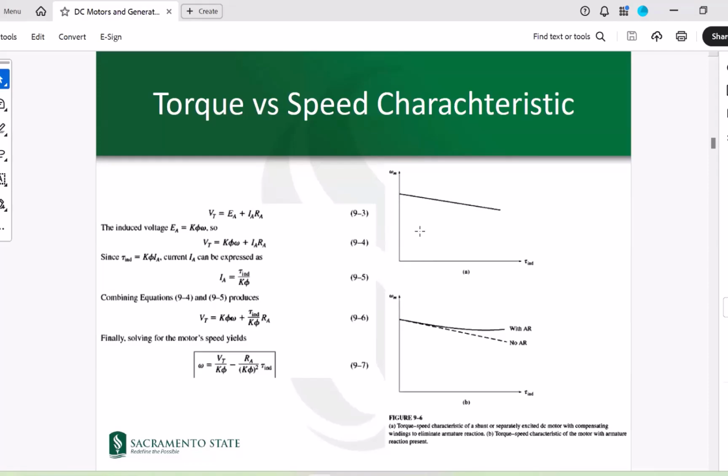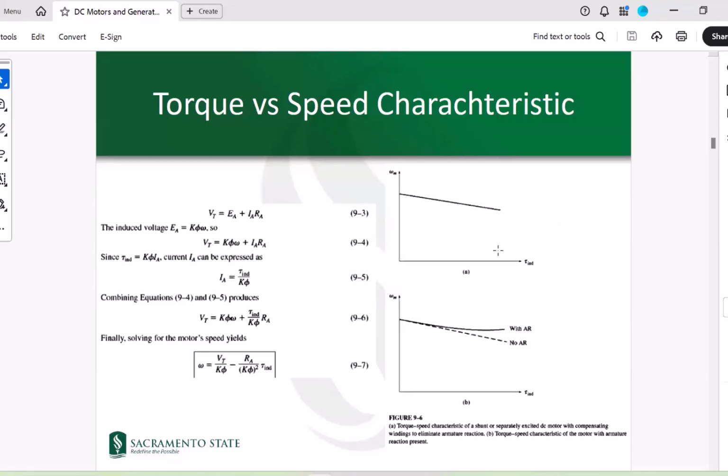So in the case that you do not have any armature reaction, which means that you either compensated for the armature reaction through compensating windings, or in the cases that armature reaction is very small, then the torque versus speed would be pretty much like a decreasing line with a negative slope.